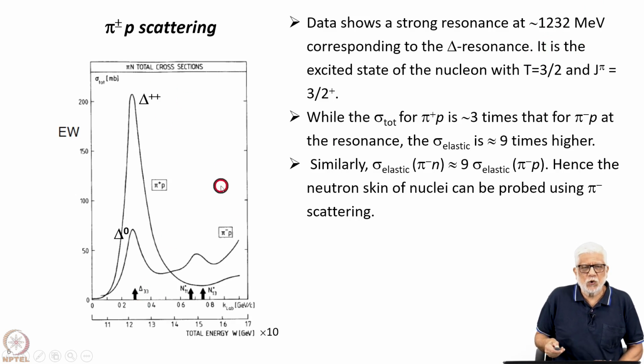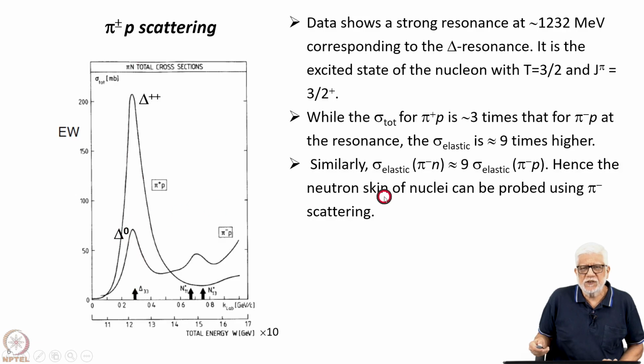Okay. Now, you can also excite that with the pi minus on a proton, and this is of course a Tz equal to half state. Since these two electric charges are opposite, you excite the delta 0 resonance. It is at almost the same energy as far as you can tell.